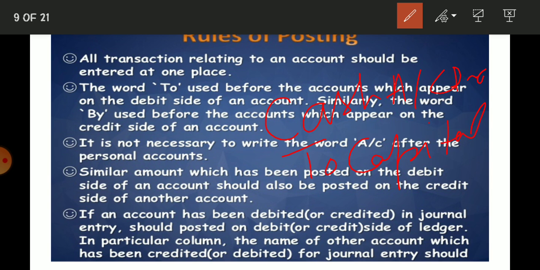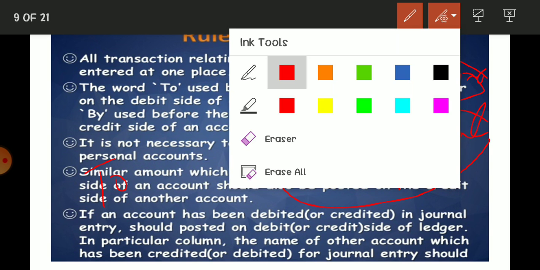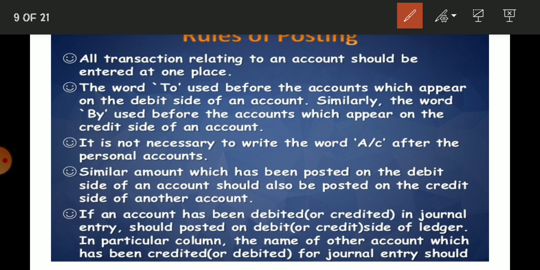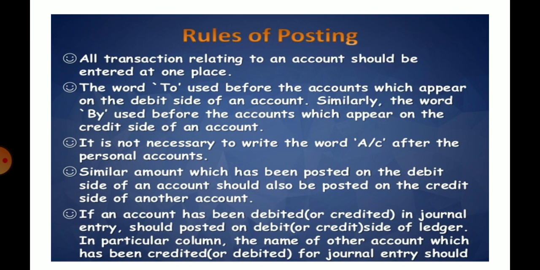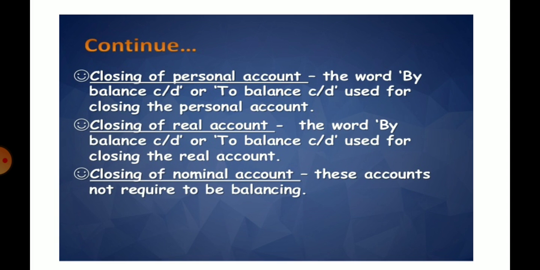Then in the ledger of cash, you have to post to capital account on the debit side. Remember this: in the particular column, the name of the other account which has been credited or debited in the journal entry should be posted.